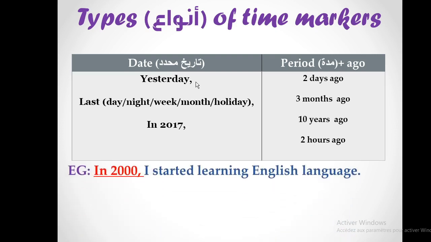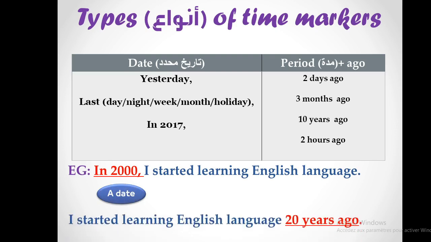Example: in 2000, I started learning English language. In 2000 is a date, time marker. I started learning English language 20 years ago. 20 years ago is a period. Both are of the past.